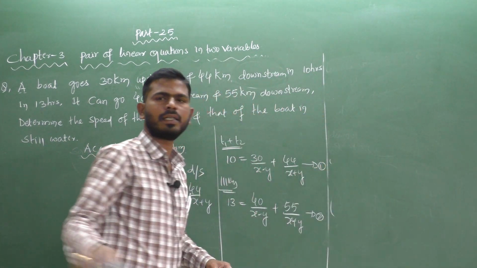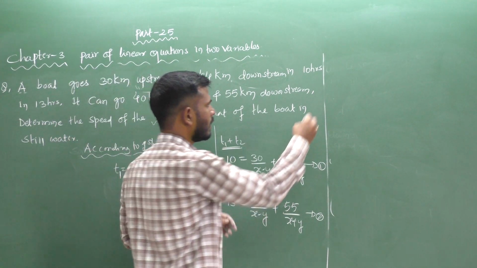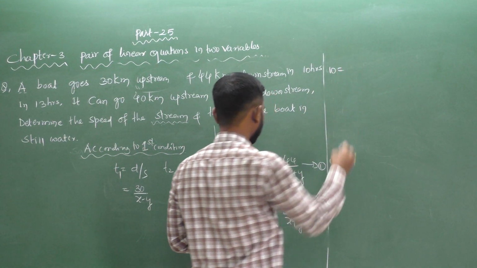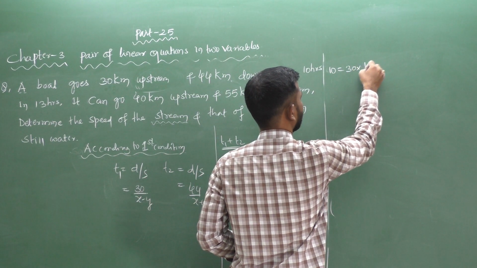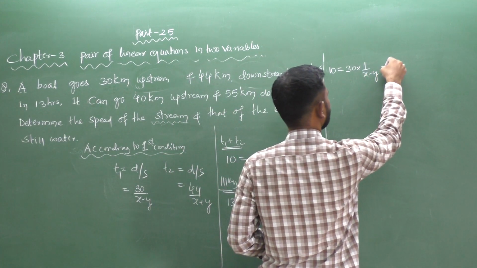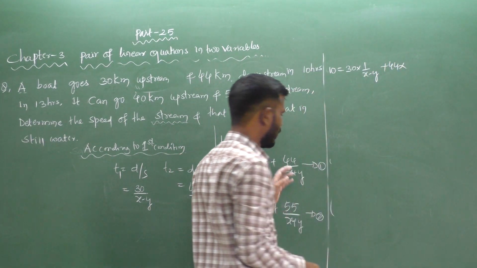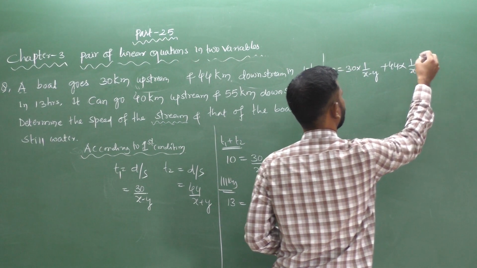Once again I am repeating how to calculate the x and y values. So 10 equal to 30, you can write 30 into 1 by x minus y plus 44 into 1 by x plus y.